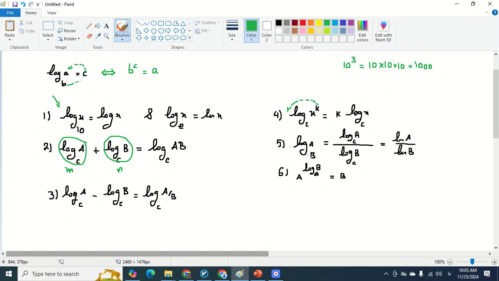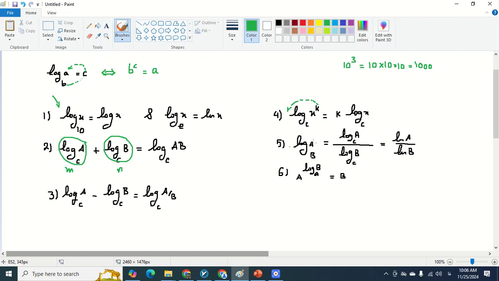We have another property: if we have log of a in base b, then we can rewrite it as a fraction, log of a in any base c over log of b in the same base c. Especially if we use the natural logarithm, the logarithm with base e, then it will be ln a over ln b.